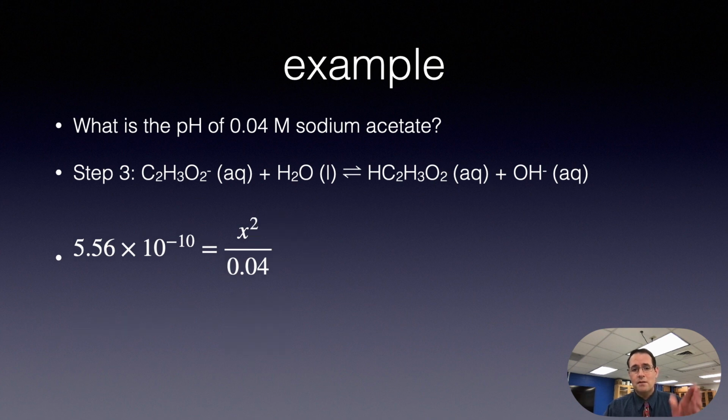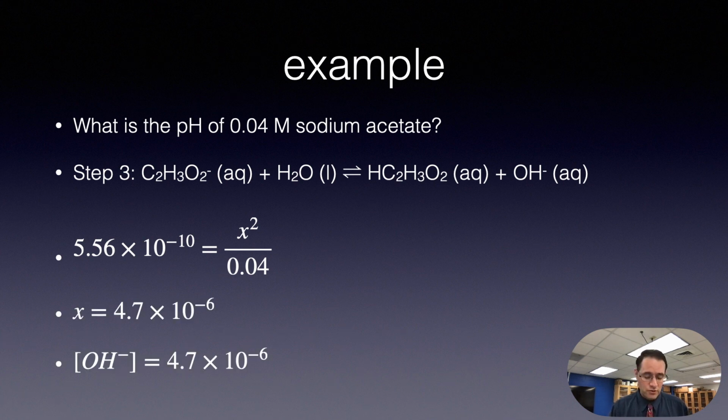And what you'll want to do is combine the x and the x to get x squared, and then grab your calculator and for yourself verify that you're getting what I'm showing on the screen. Multiply by 0.04, okay? And I get something 10 to the minus 11. Don't forget to take the square root, okay? When you take the square root, then you get the 4.7 times 10 to the minus 6, okay?